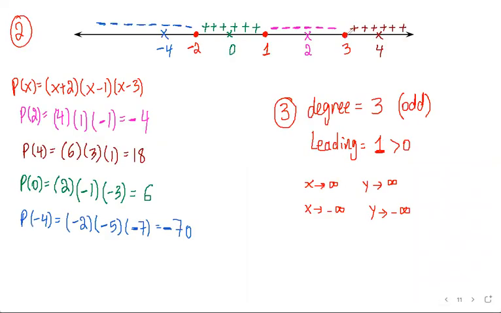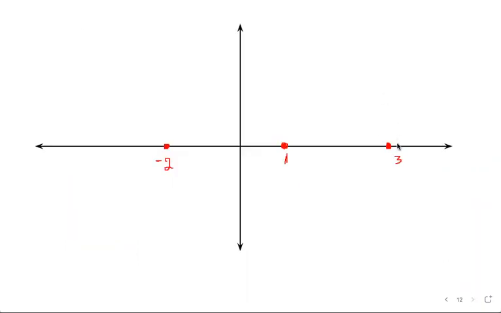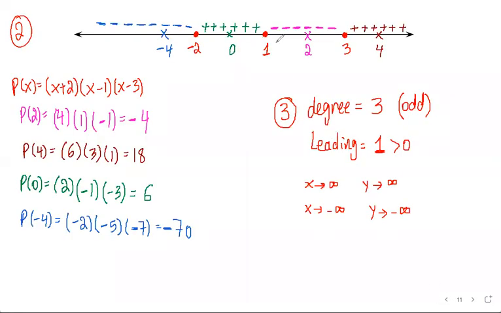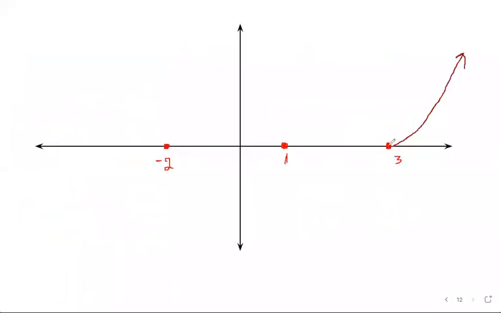The interval greater than 3 is positive. This means the curve will be above the x-axis, so the curve from 3 and above will be like this. From 1 to 3 is negative, so the curve will be under the x-axis, like this.